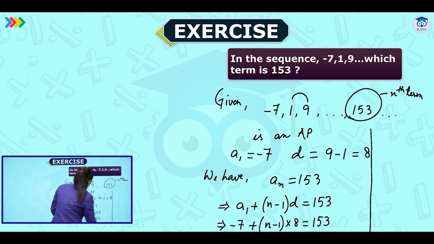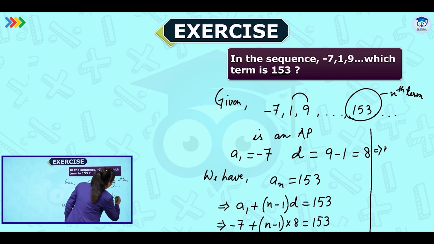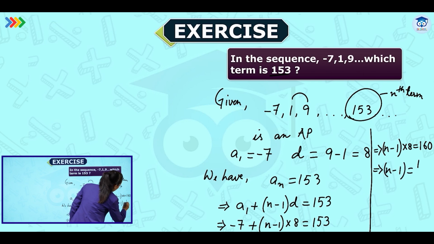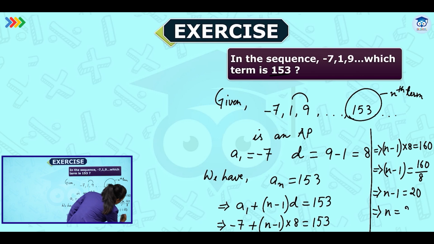This is simply a linear equation in one variable. Moving minus 7 to the other side it becomes plus, so it is 160. So n minus 1 into 8 is equal to 160. Now n minus 1 is 160 upon 8, which is 20. So n minus 1 is equal to 20, which means n is equal to 21.